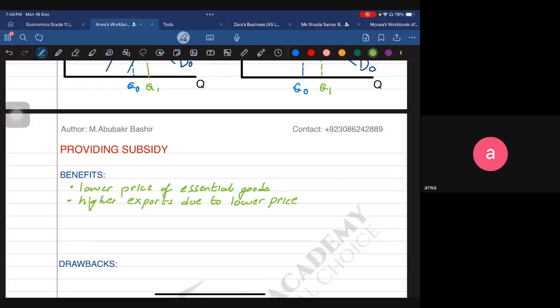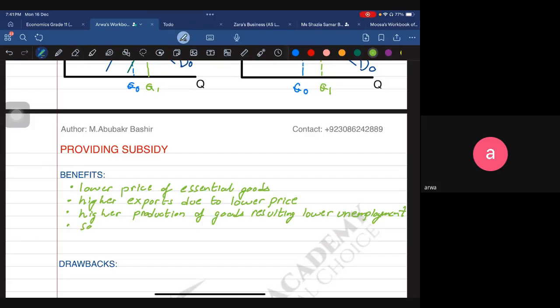And then, as you said, there's going to be higher GDP plus lower unemployment. So higher production of goods resulting in lower unemployment. Then, you also talked about the merit goods.